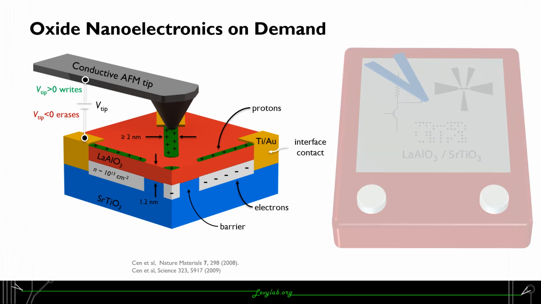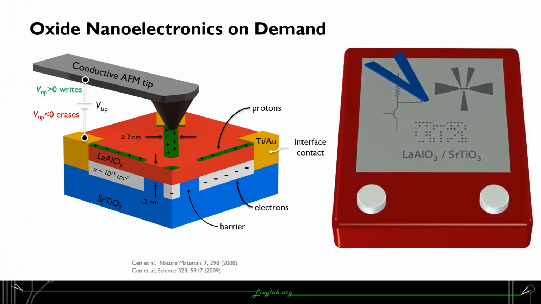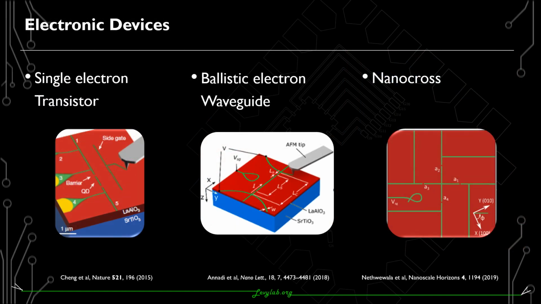This allows us to create novel nanoelectronics, not unlike using an Etch-a-Sketch. Using this technique, we can create novel nanoelectronic devices, which allow us to learn more about the nature of this material. Specifically, we have created single electron transistors, ballistic electron waveguides, and intercrosses, which are essentially 4-terminal ballistic electron waveguides.